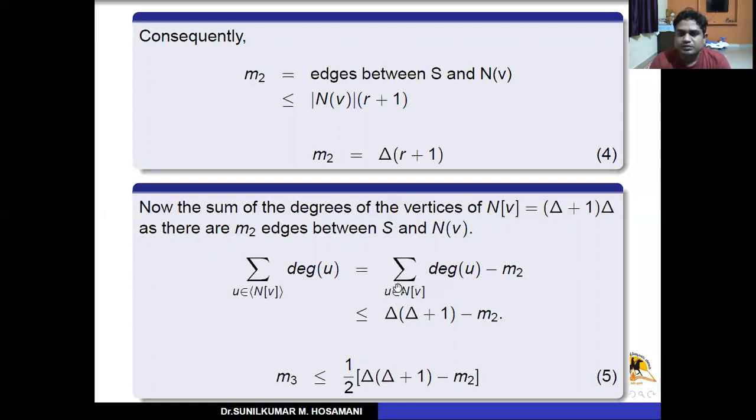This is very important here, don't get confused. And the summation of the degree of every vertex in the closed neighborhood of V is delta times delta plus 1, minus M2 as it is here.